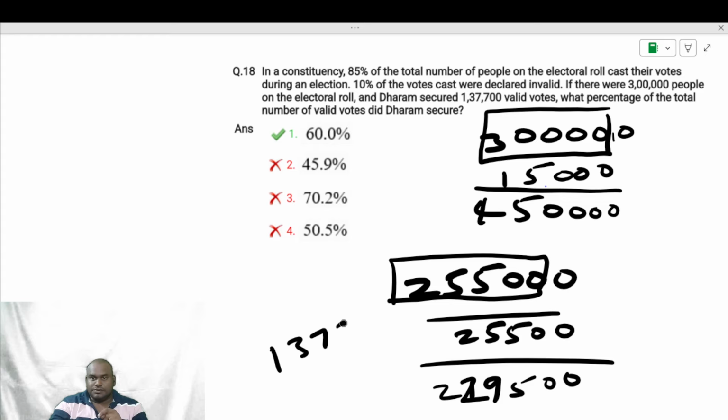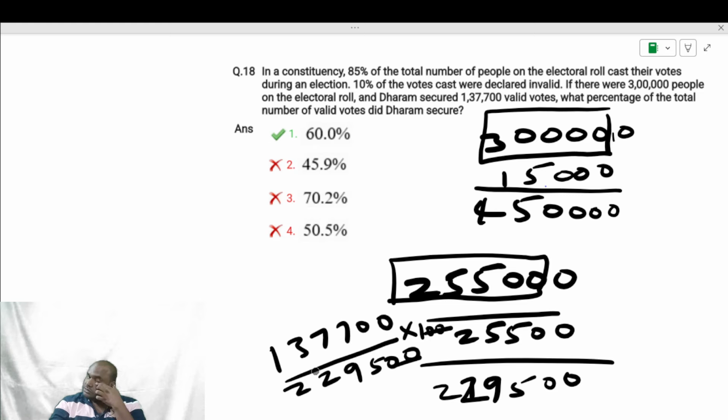So these two zeros will get cancelled. With respect to 5, we need to calculate 2295, right? 5 4 is 20, 5 5 is 25, 5 9 is 45, 5 2 is 10, 5 7 is 35.